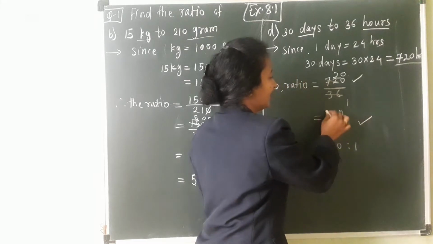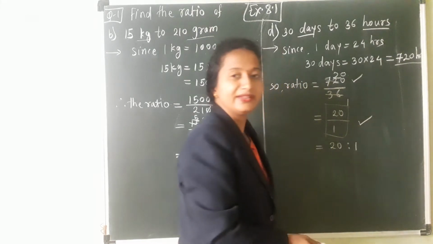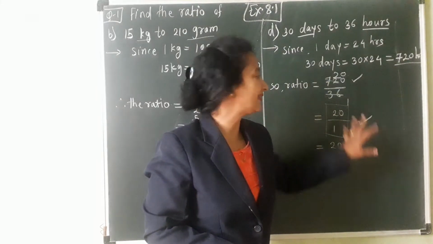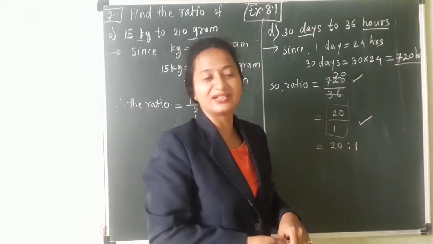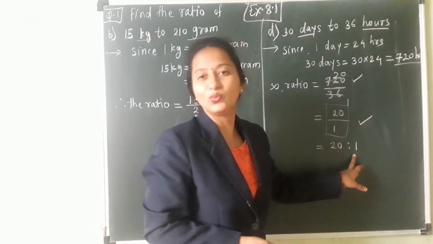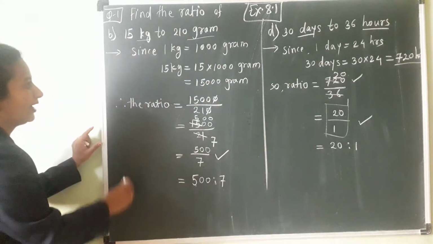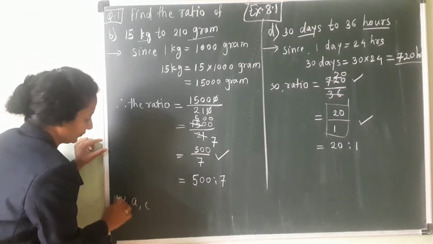And this 20 upon 1 means we can write 20 is to 1. That means the ratio of 30 days to 36 hours is 20 is to 1. So from this question, A sum and C sum will be homework for you.